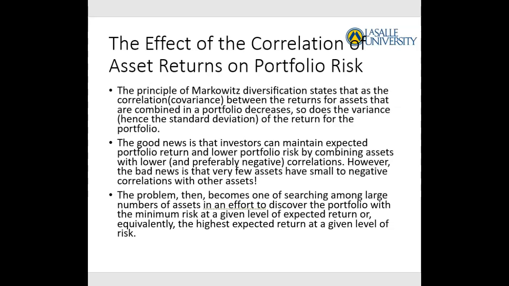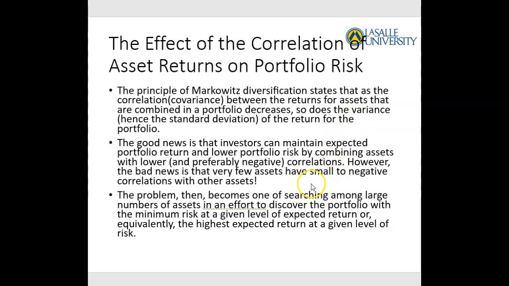That's what we're trying to understand in this part of the topic. Generally, the effect of Markowitz diversification states that as the correlation or the covariance between the returns of the assets combined in a portfolio decreases, so does the variance of the overall portfolio decrease as well.